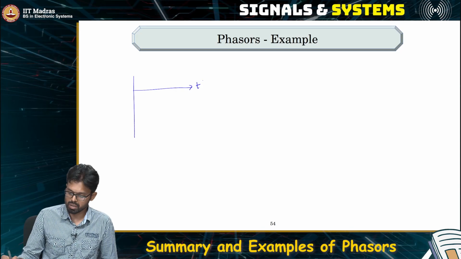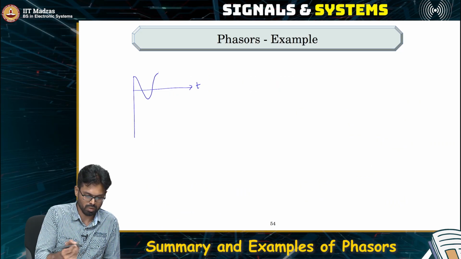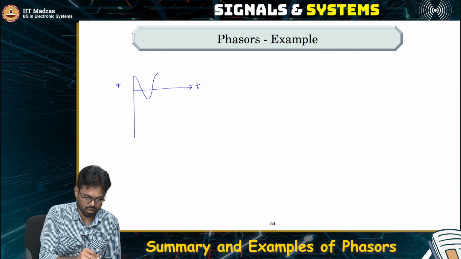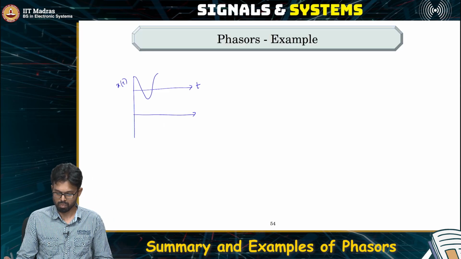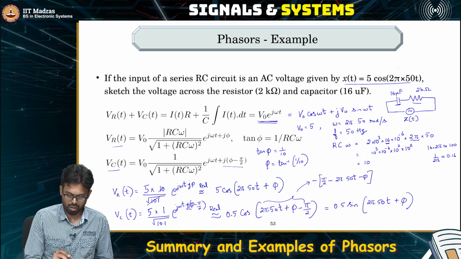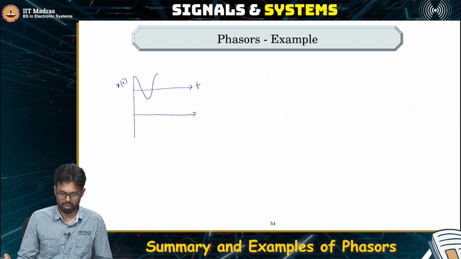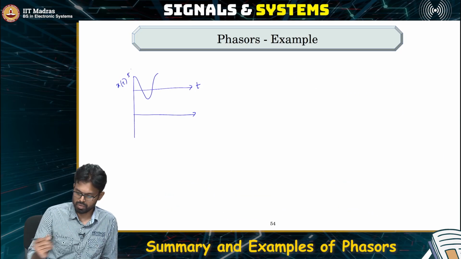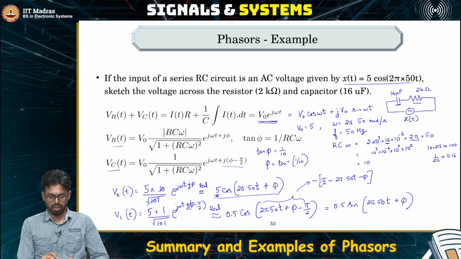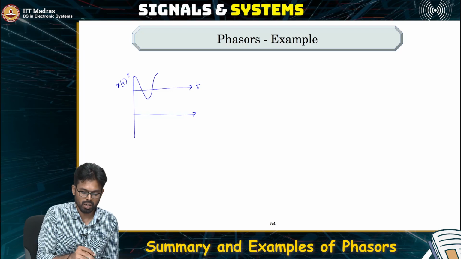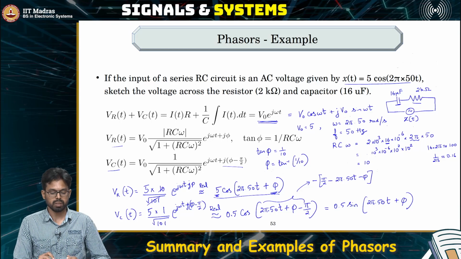The input signal is a cosine signal, right? Let's say this is x of t. And the output signal, as you can see, across the resistor is still roughly 5, so which means it's almost whatever is fed in the input, but then it comes with a phase shift of plus phi.